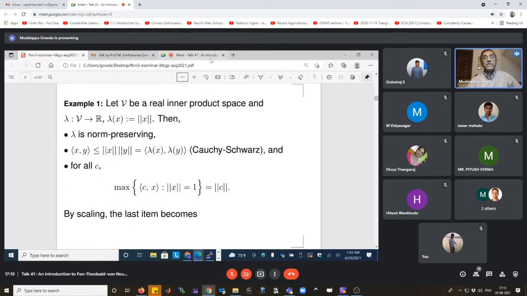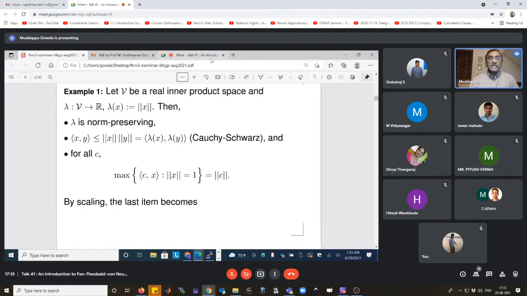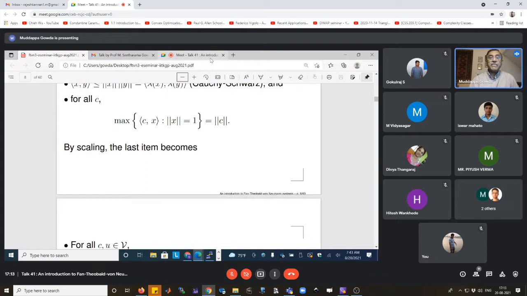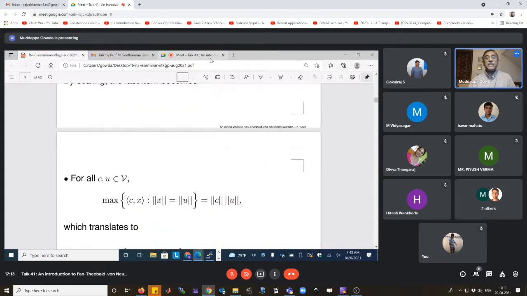And notice that when we are using this inner product space, if I maximize the linear function c dot x over the unit sphere, by duality, I simply get the norm of c. But I can scale this. The maximum of c dot x such that norm x equals norm u for a fixed u is nothing but norm c times norm u.